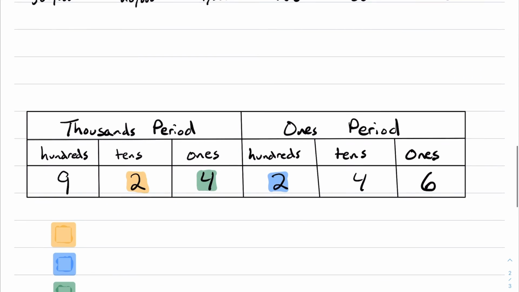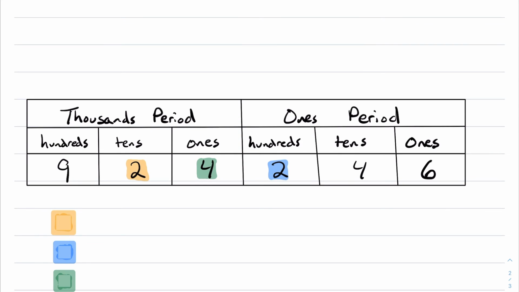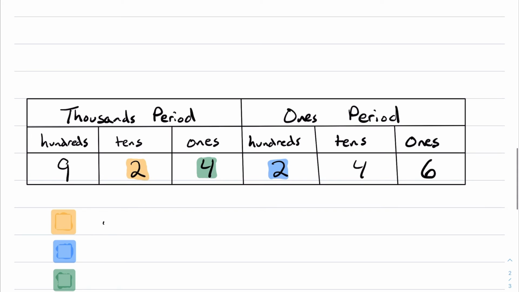Lastly, we're going to try and find some of these values. So let's start with the orange one. The orange is a 2. It's in the tens place in the thousands, so it's in the 10,000s place. So we're going to take our 2, and we're going to count how many digits. So we got 1, 2, 3, 4, 5.